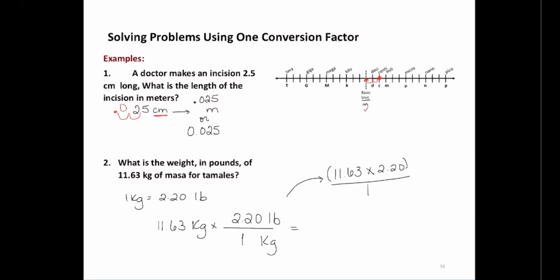Now, when I do 11.63 times 2.20, I find a calculator display of 25.586. This has 4 sig figs. I need to round my answer to 4 sig figs. Kilograms cancel with kilograms.